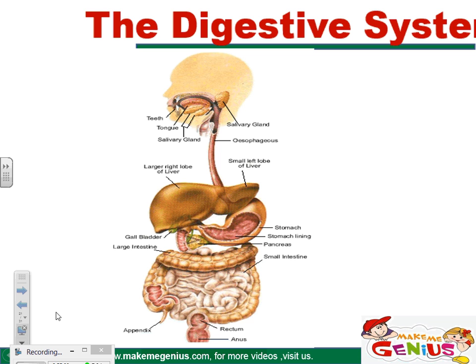Things like your stomach, your teeth, because you have to chew your food, your tongue, your salivary glands, which are the glands that help produce saliva, your liver, your intestines, your gallbladder, even your buttocks, because that's where the stuff comes out. Your esophagus, intestine.